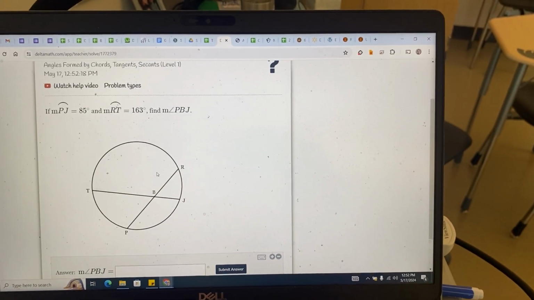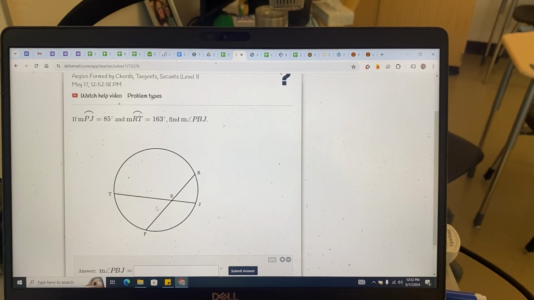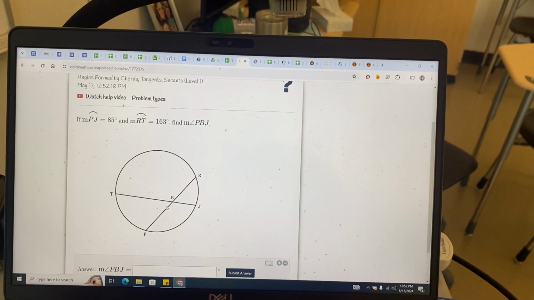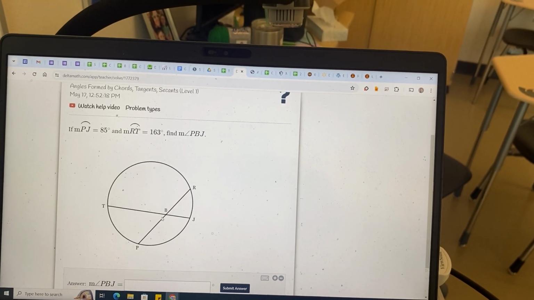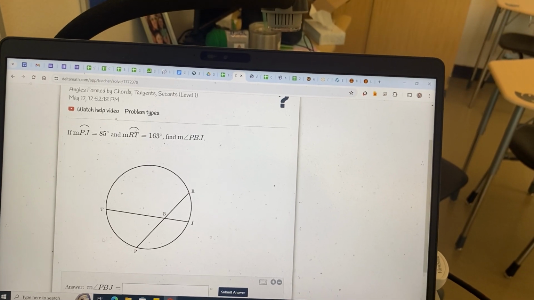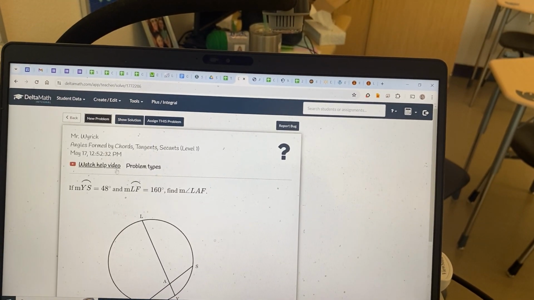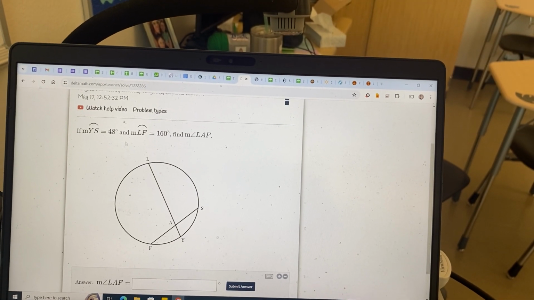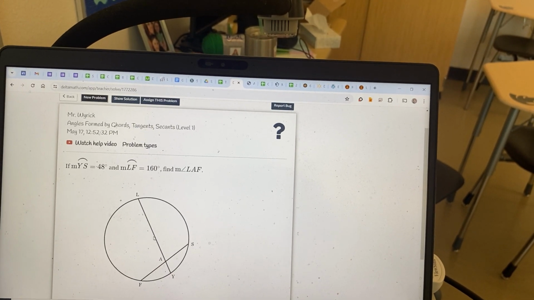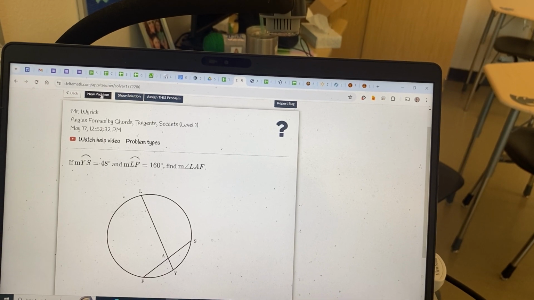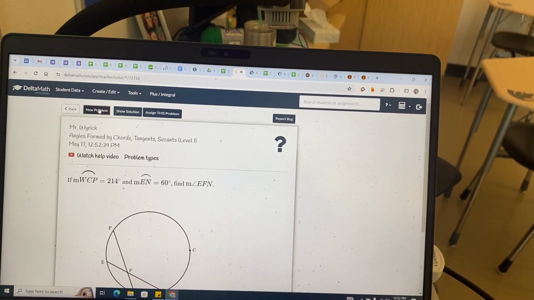Okay. On this one, the angles formed inside, if you have one like this where it crosses the inside, you're going to add them together and divide by 2. If you have something like this that's inside, you add those arcs together, divide by 2. That's inside again.